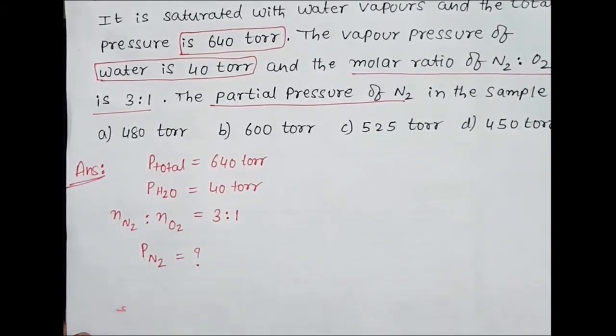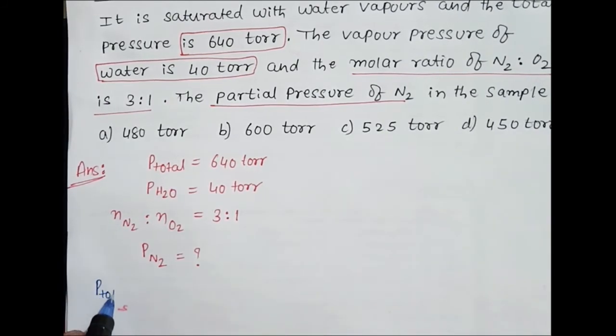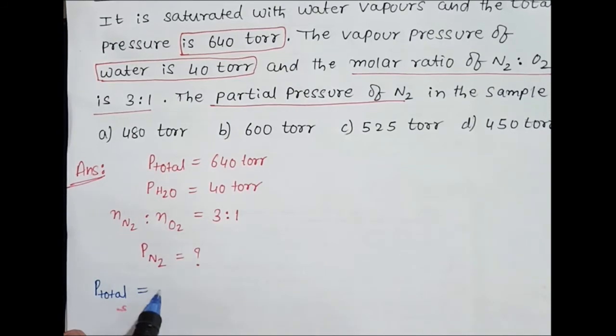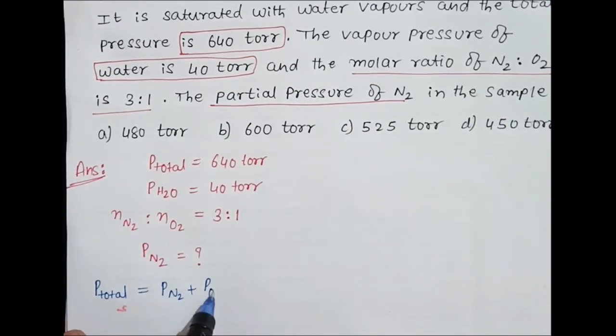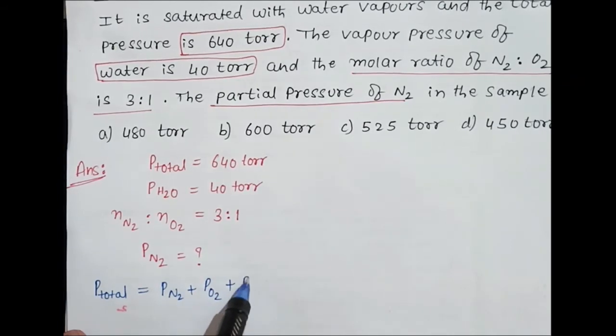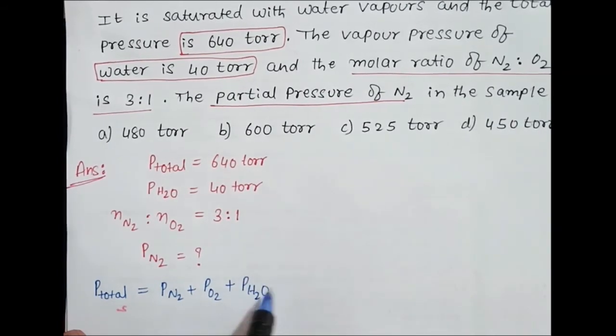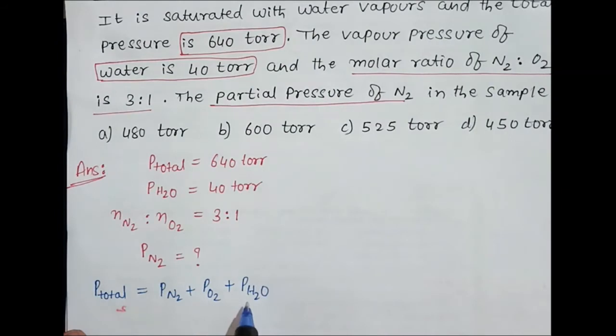Yes, now how can we write? We know that the total pressure of any gas is equal to pressure of N2 plus pressure of O2 plus pressure of H2O, because now water is there, that's why pressure of H2O will come.